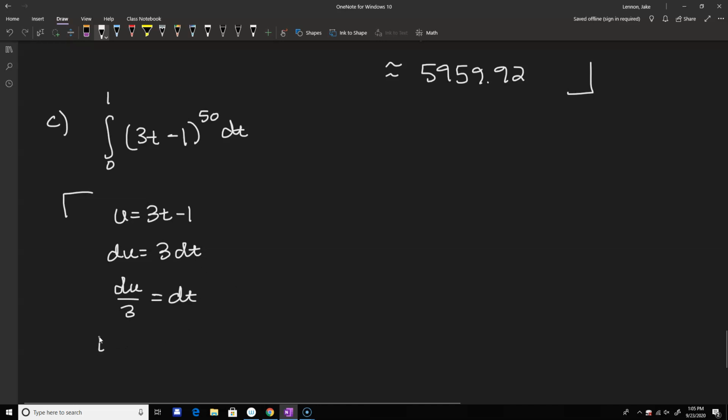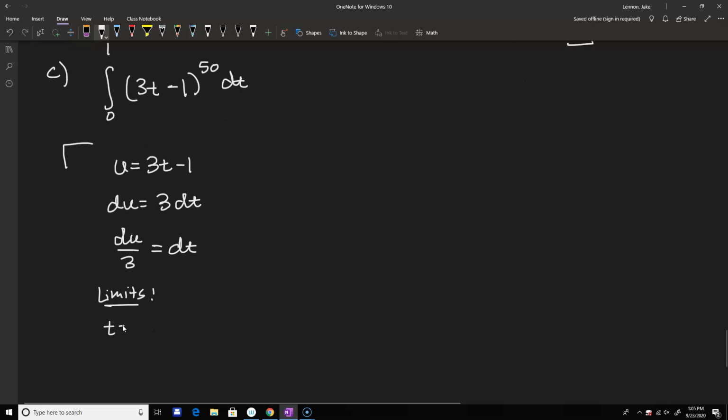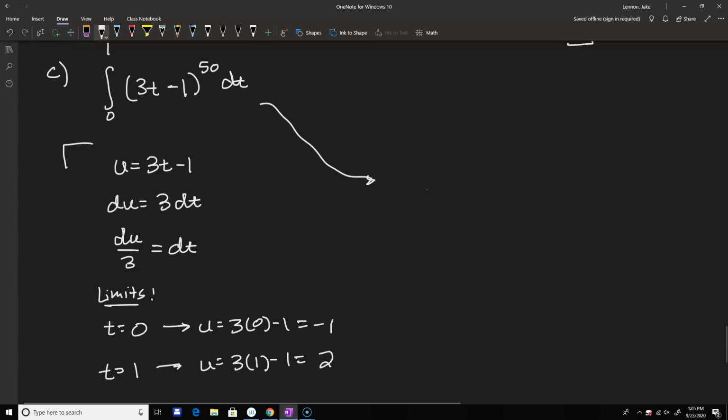Let's think about our limits. So when t equals 0, u will equal 3 times 0 minus 1, which is actually negative 1. And when t equals 1, u will equal 3 times 1 minus 1, which is 2. So our integral over here gets transformed.